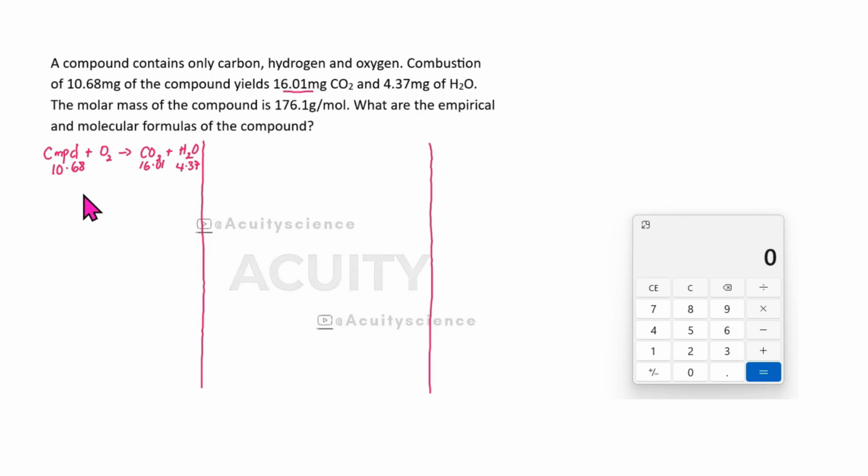Now all of these are in milligram. If we decide to convert all of them to grams, the ratio will not change.